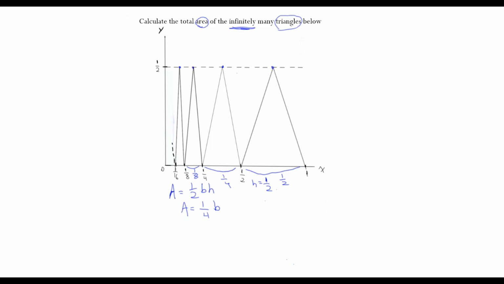And so is there a pattern to that? Well, if we look at it more closely, this distance is a half, 1/4 is half of 1/2, and 1/8 is half of 1/4, and we can keep repeating this over and over. So that's our pattern. It is something to do with 1/2.